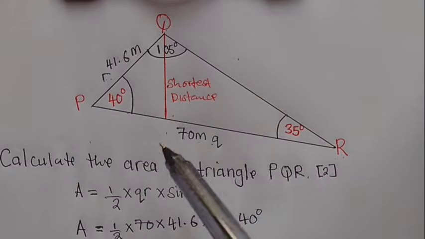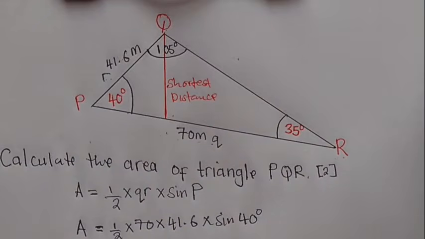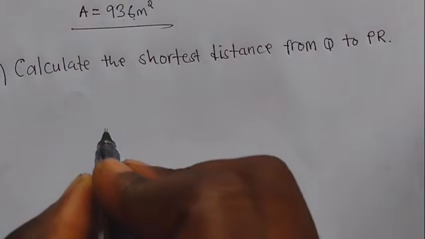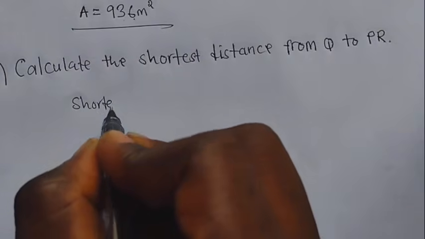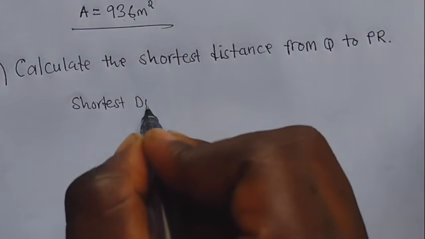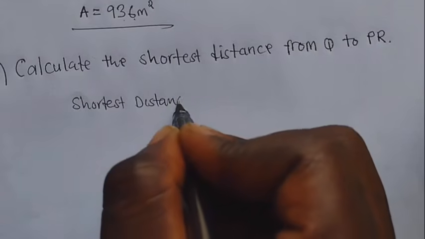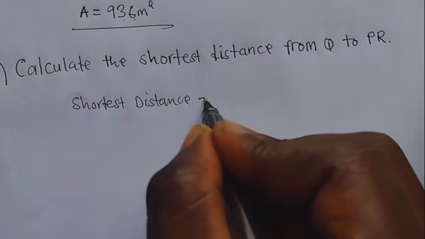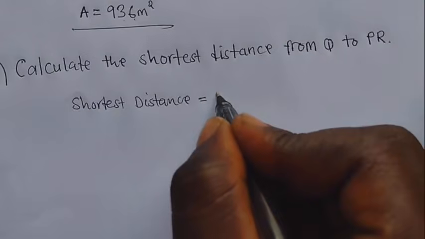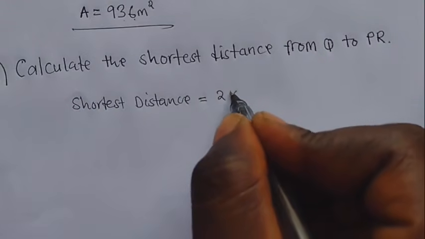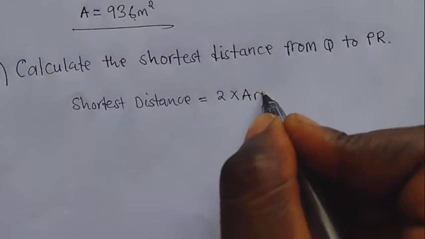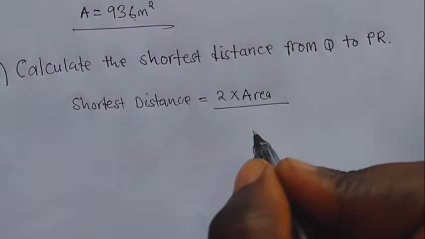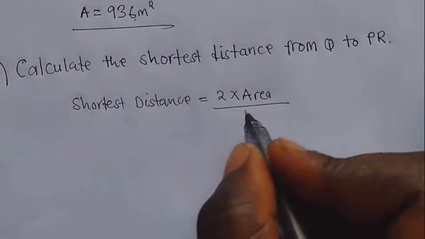So we will use our formula where we say shortest distance is equal to 2 times the area divided by the distance of what?